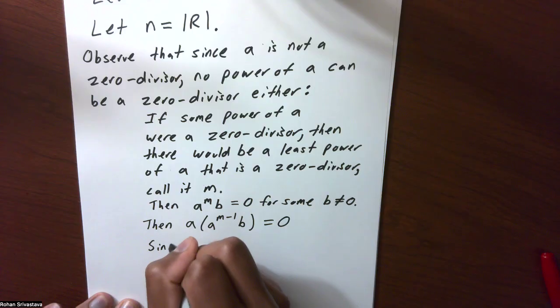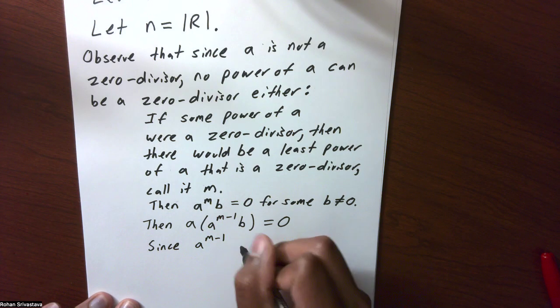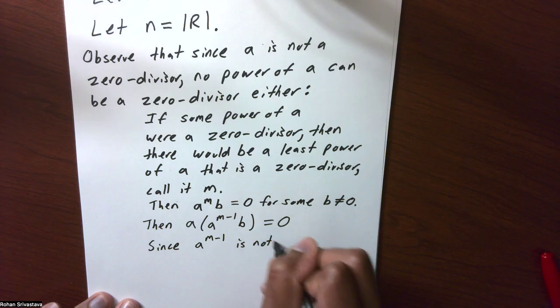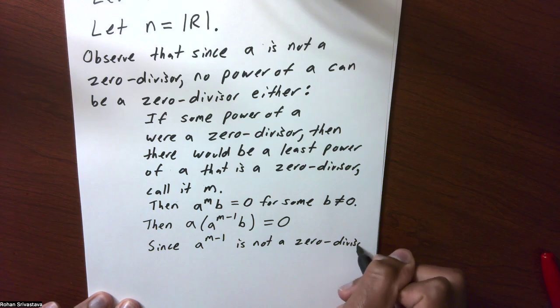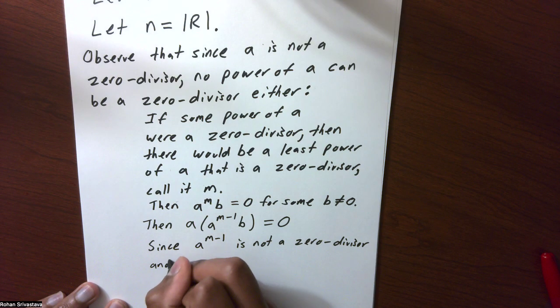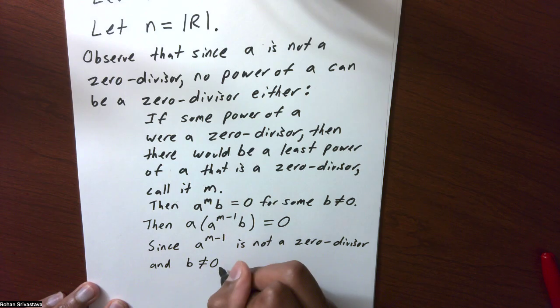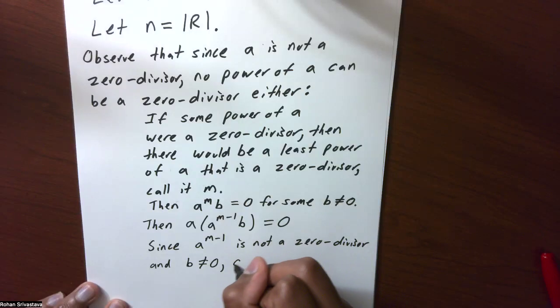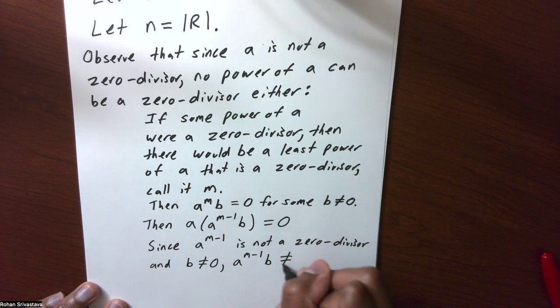But since A to the M minus 1 is not a zero divisor, since A to the M was the least power of A that is a zero divisor, A to the M minus 1 cannot be a zero divisor. And since B is not zero itself, A to the M minus 1 times B cannot be zero.